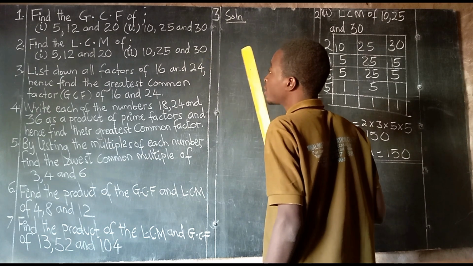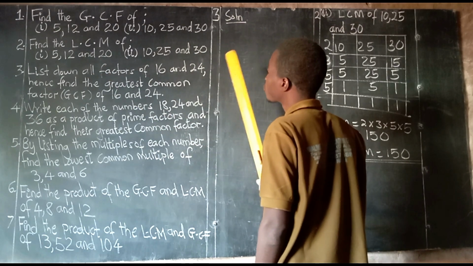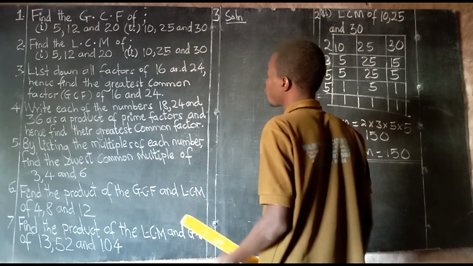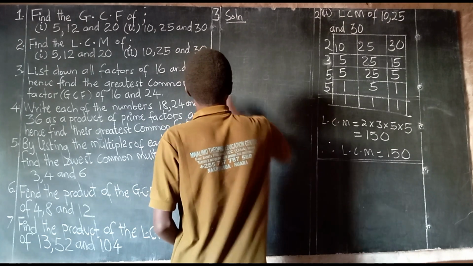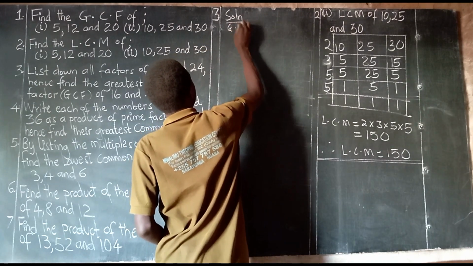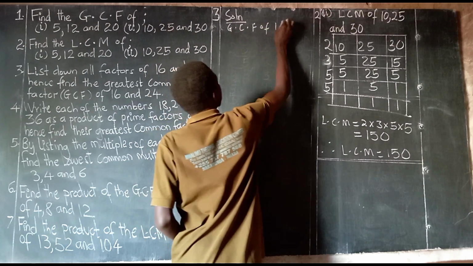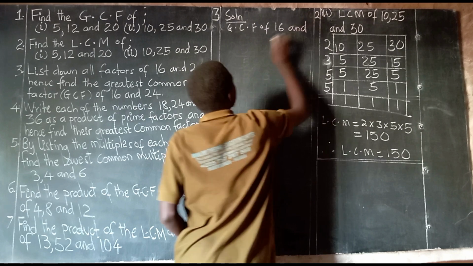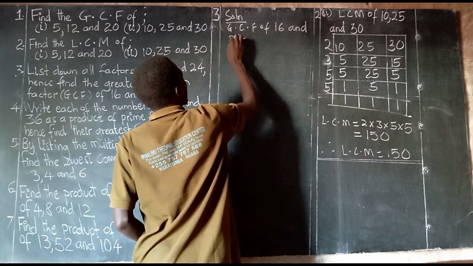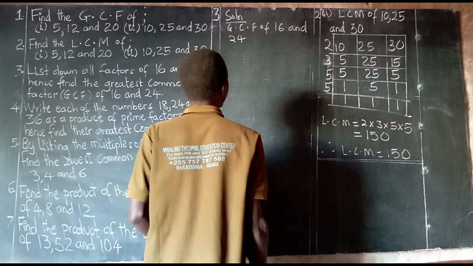But we are instructed to first list the factors and use those factors to solve for the GCF. Now let us start. We are asked to find the GCF of 16 and 24, but by listing all of the factors.